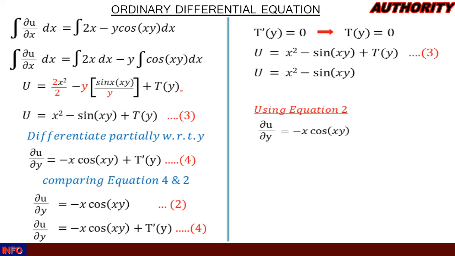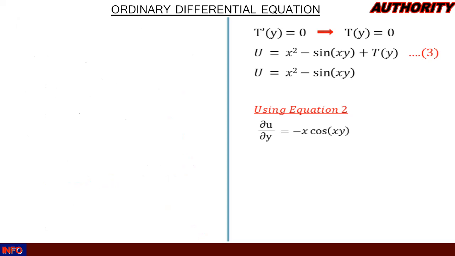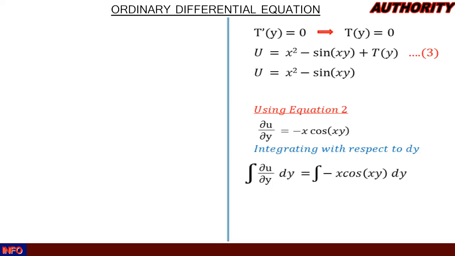Here we have the partial derivative of u with respect to y equal to minus x cos xy, and we are looking for u. What we have is the derivative form of u. So for us to get u, we strip off the derivative by integrating the function. That means the integral of the partial derivative of u with respect to y dy is equal to the integral of minus x cos xy dy.